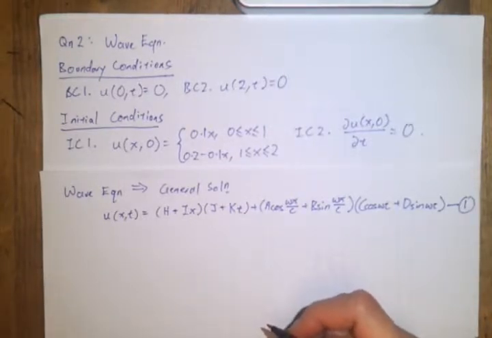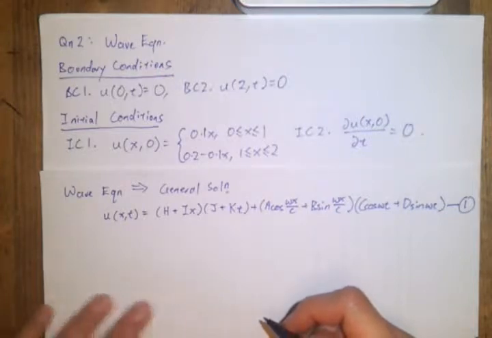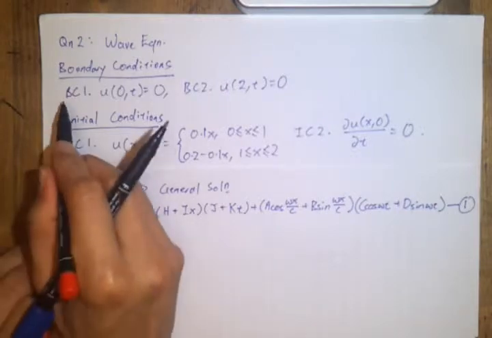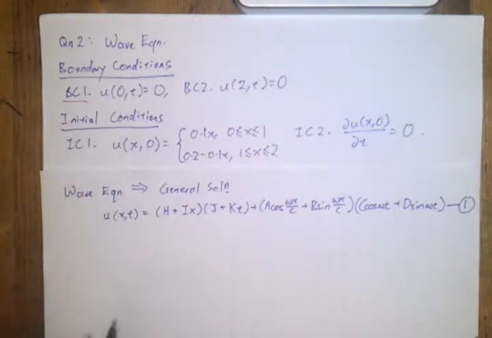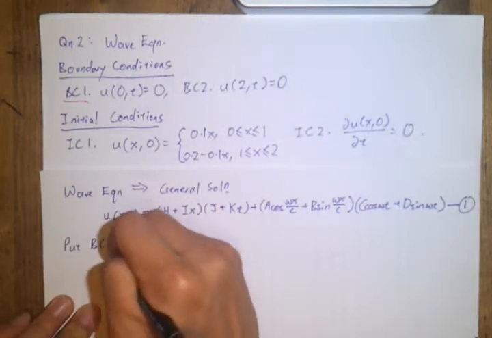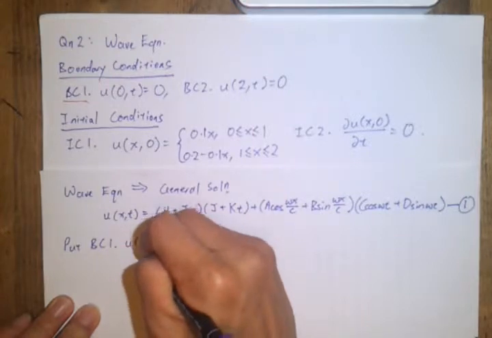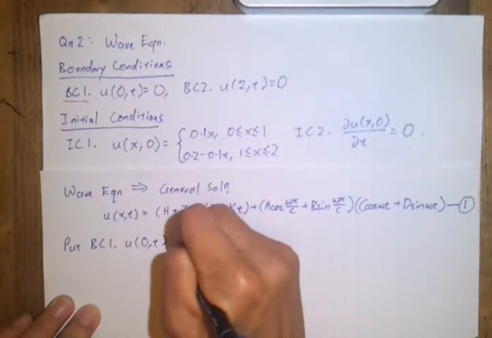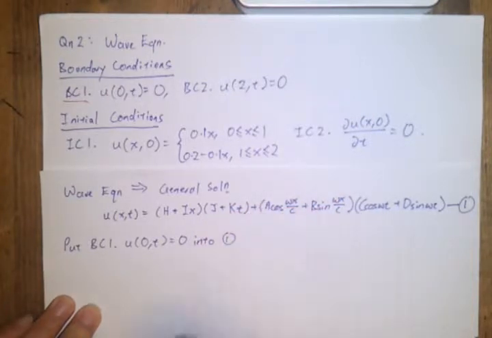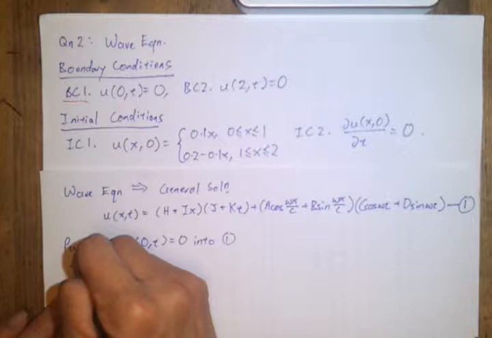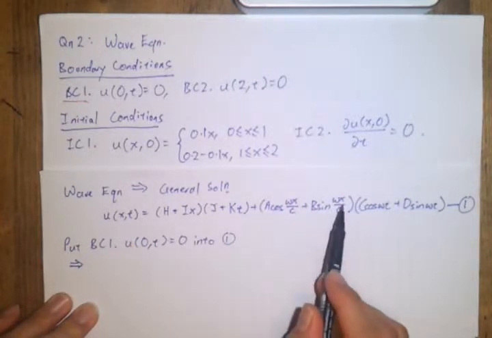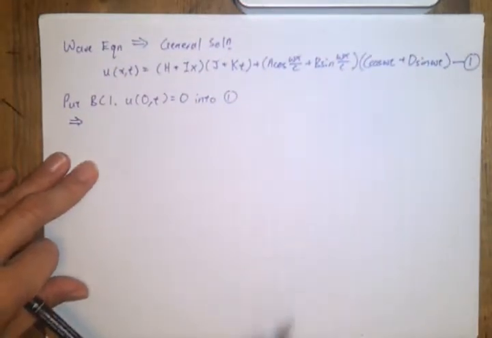Next we're going to start using the boundary conditions and the initial conditions, starting with boundary condition 1. We put boundary condition 1, which is u at x equals 0 equal to 0, into the general solution, equation 1. All I'm going to do is put x equals 0 in each place.